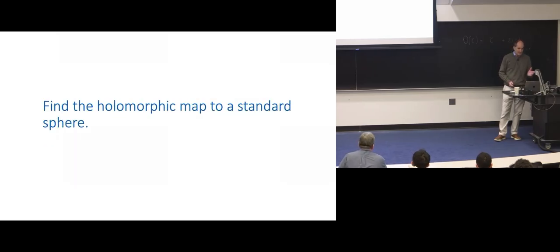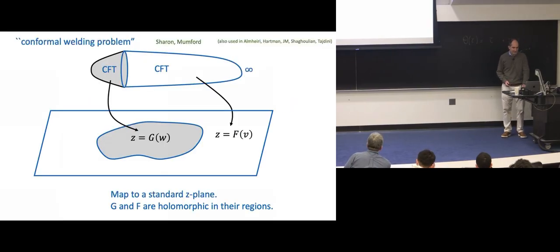So the trick to do this is to find the holomorphic map to the standard sphere. I didn't draw it here, but here we have the deformed boundary, some function theta of tau. We can find the holomorphic map from the standard disk to some region of the plane, and from the outside of the cylinder to the outside region of a plane.